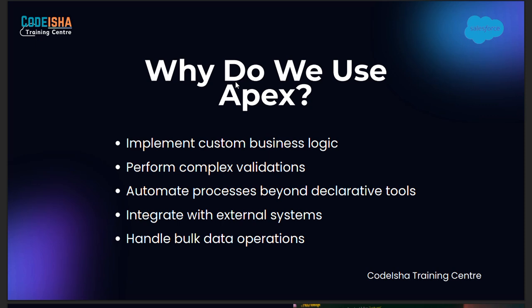We can do anything our requirements need on the automations too. We also integrate with external systems, and we can handle bulk data operations using the Apex programming language. This is a simple overview of why we use Apex in Salesforce.